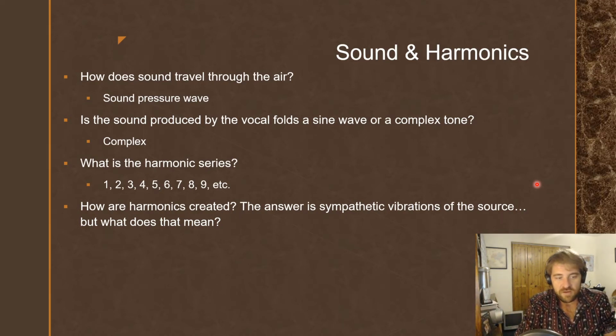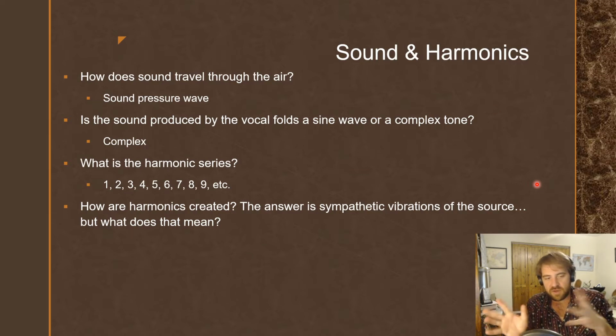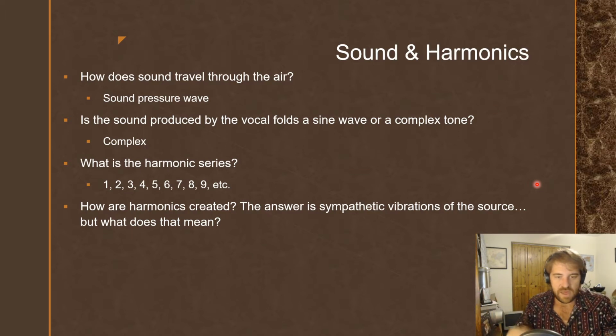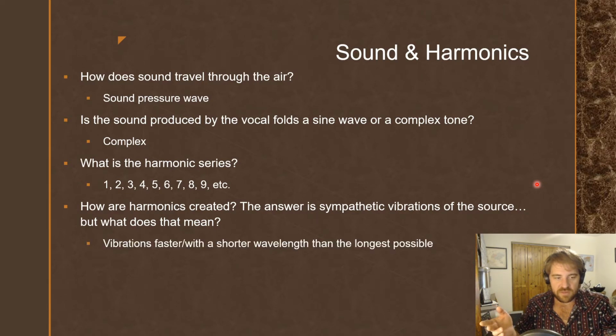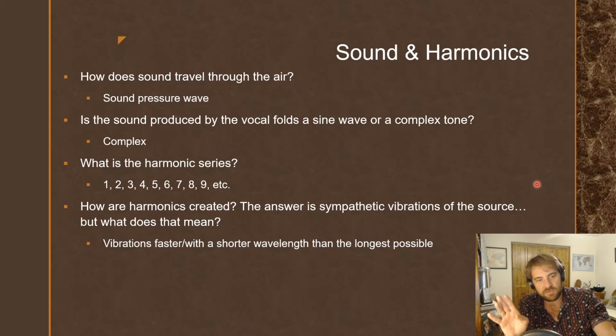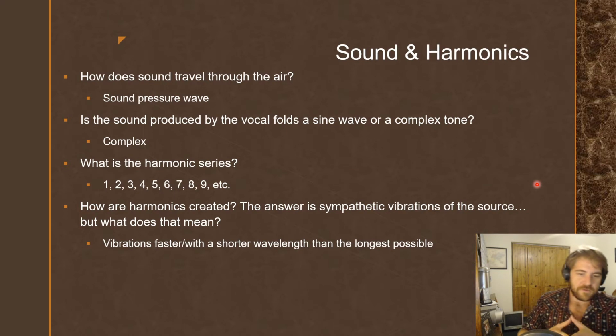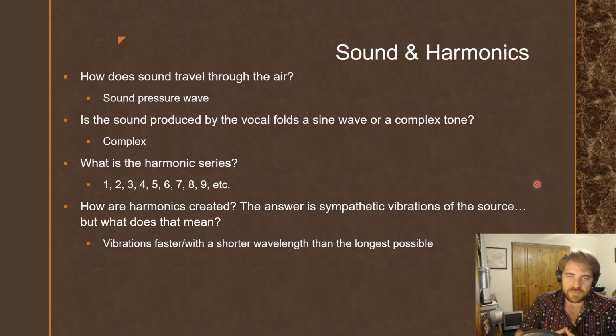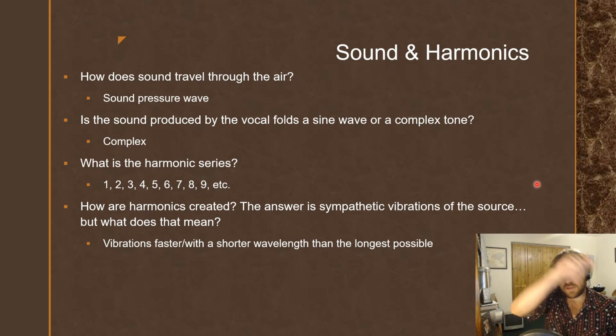How are harmonics created? Sympathetic vibrations of the source. I'm not going to ask you to define this in the exam. You just need to know this information. But essentially, vibrations with faster vibrations or with a shorter wavelength than the longest possible vibration. So we talked about this with that kind of wobbly, large sine wave.